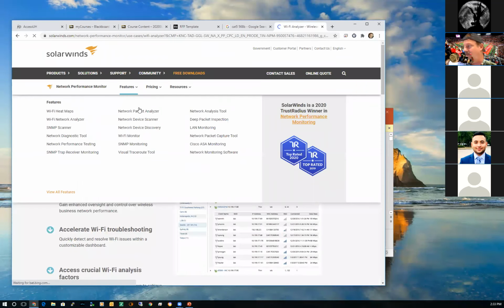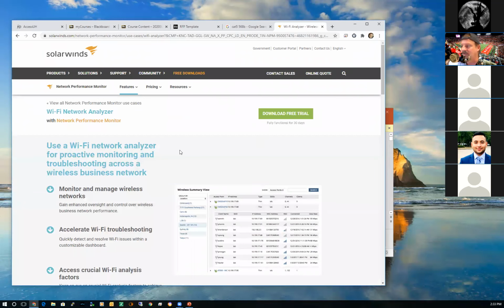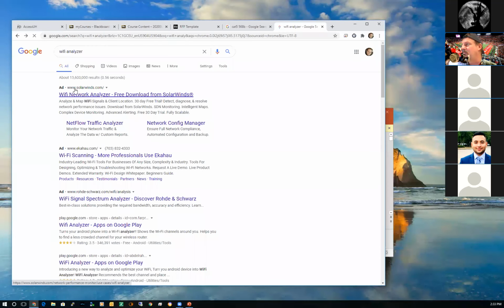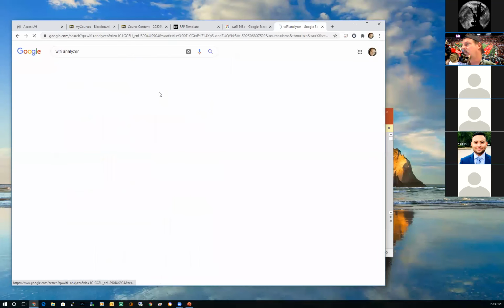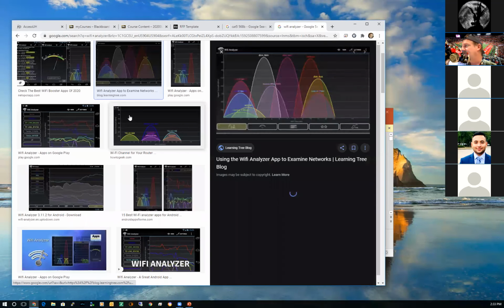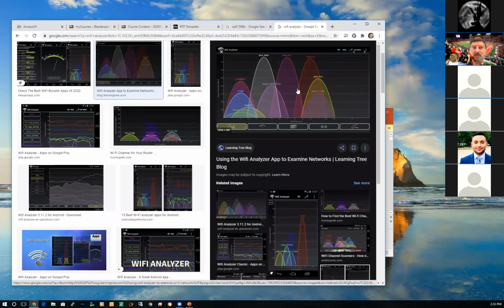There may be something called a Wi-Fi analyzer, but you can't run these kinds of tools on iPhones or Macs. You can only run them on Androids or PCs. There are multiple apps that have something to do with Wi-Fi analyzing, and they will generate charts like this on both the 2.4 and 5.0 gigahertz range.